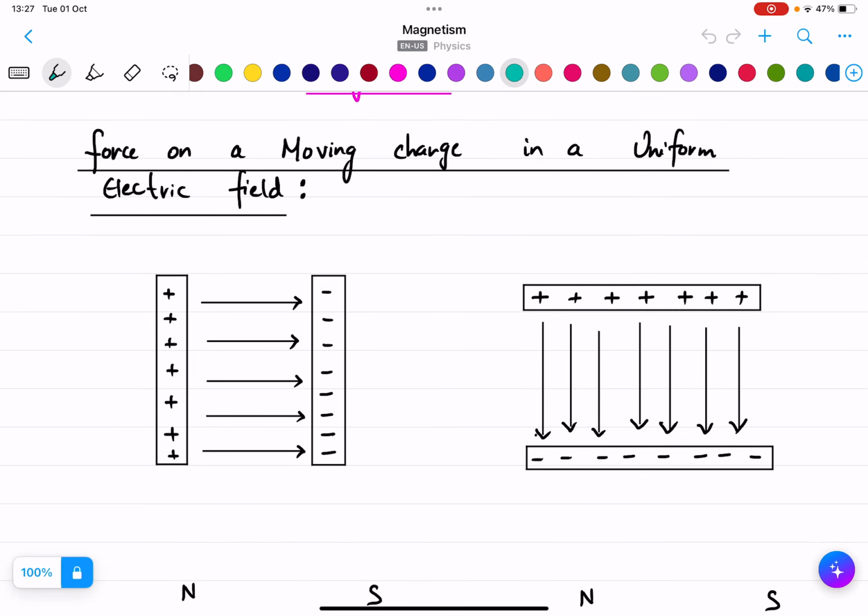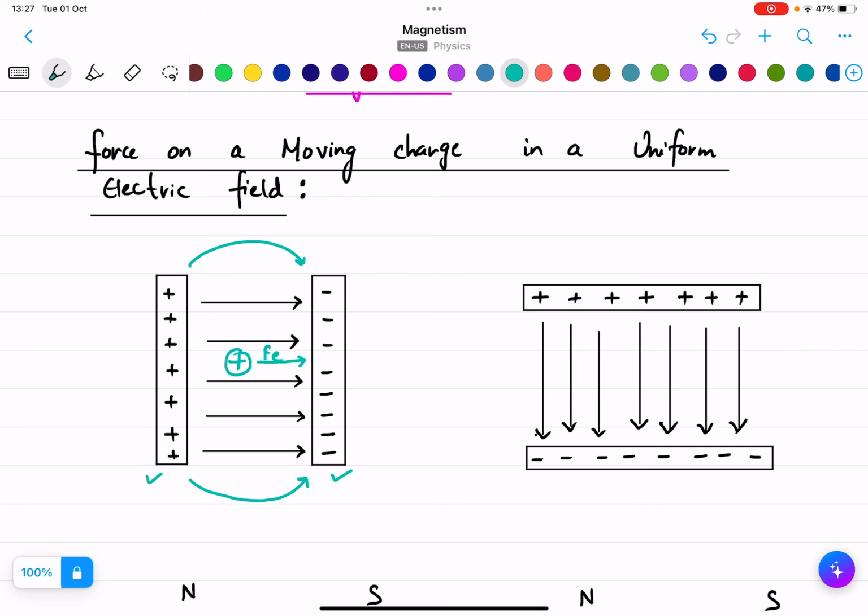You all know if it is a positive charge plate and a negative charge plate, the electric field will always be in the positive to negative direction. If this is a positive charge particle here, it will be attracted towards the negative plate, so it is experiencing electric force Fe in this direction, right?